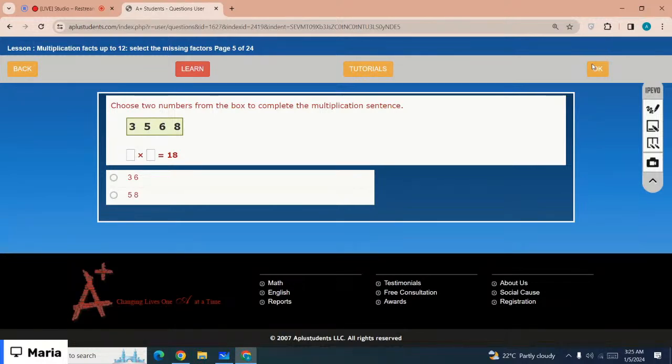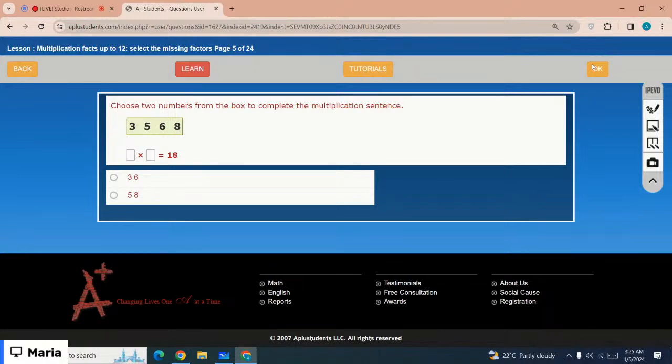Choose two numbers from the box to complete the multiplication sentence. Dash and dash have the product 18. Which two numbers when multiplied have the answer 18? The correct option is 3 times 6 equals 18.